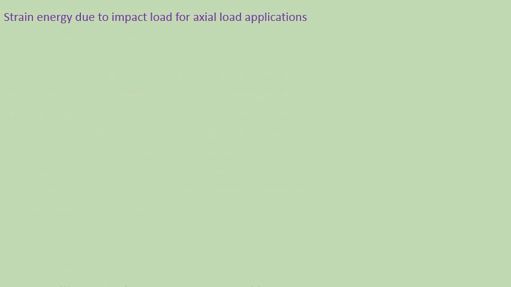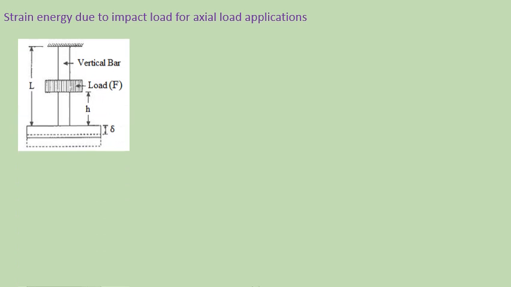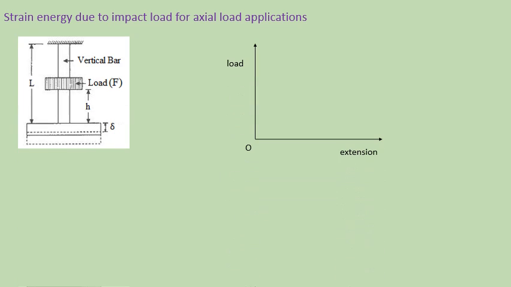So next one, strain energy due to impact load for axially loaded members. Impact loads are produced when two objects collide or when a falling object strikes the structure. Consider a vertical rod fixed at the top end and having a collar at the lower end.